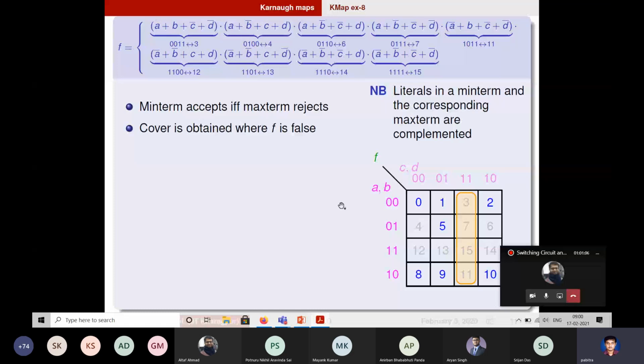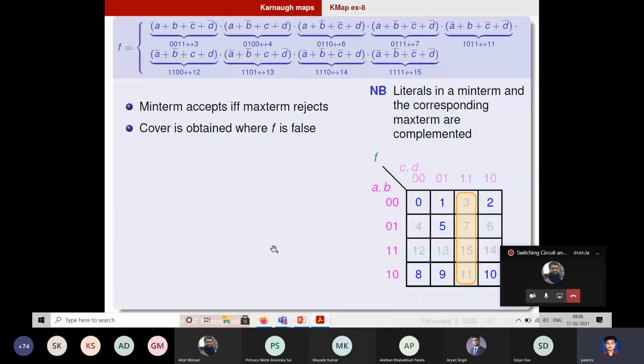Okay. Now let us see why this will also give you a valid max term representation. In other words, is it equivalent to the corresponding min term representation? Why can I do this minimization?